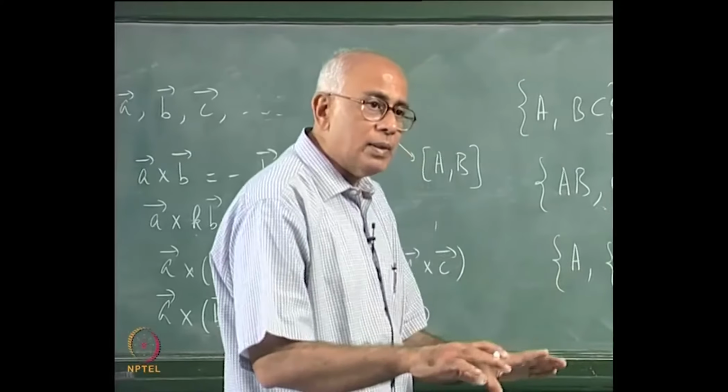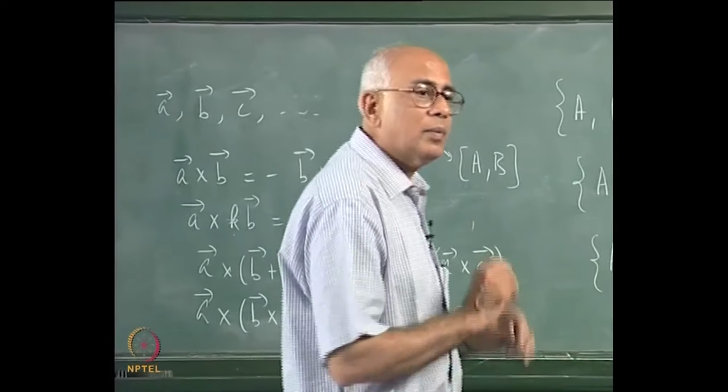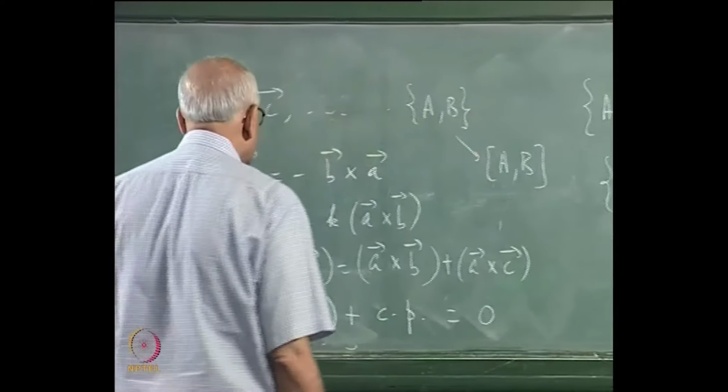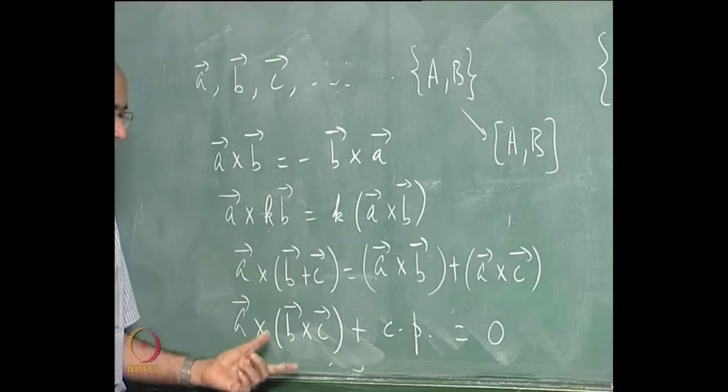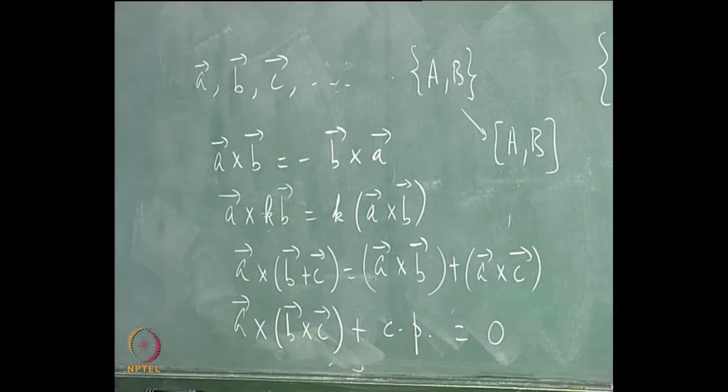Any set of elements for which such a bilinear product or bilinear operation exists satisfying the antisymmetry property, these properties as well as the Jacobi identity, is called a Lie algebra.